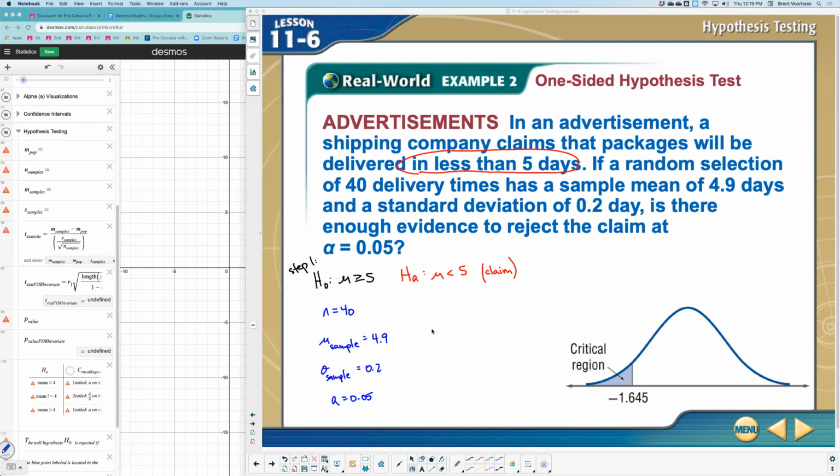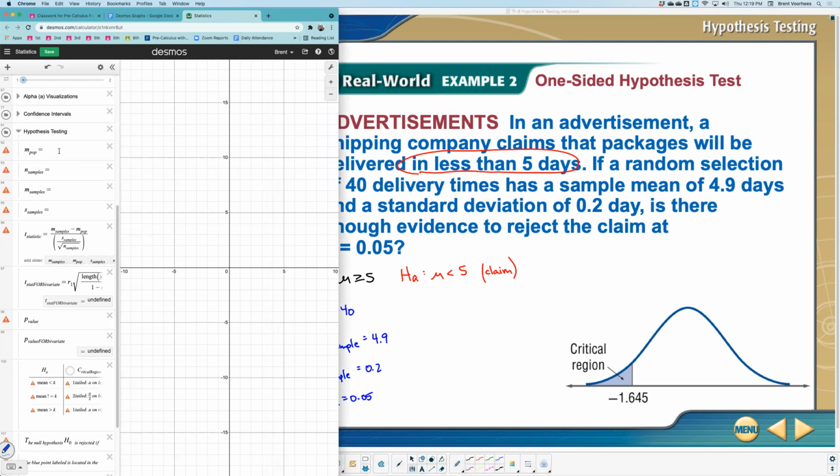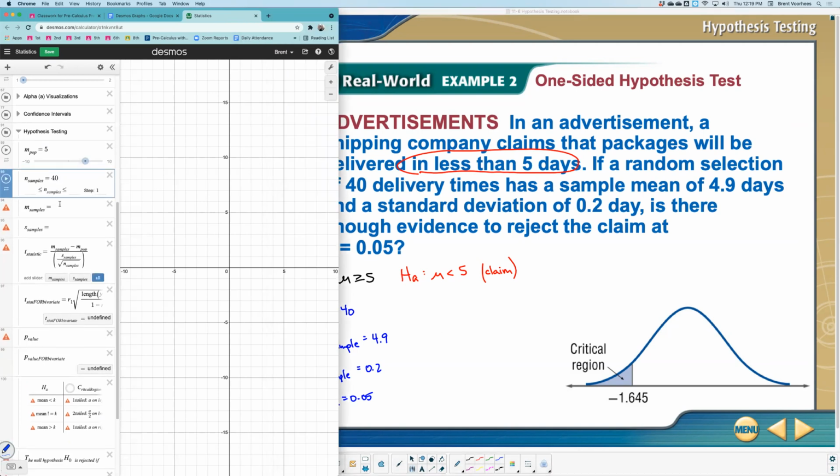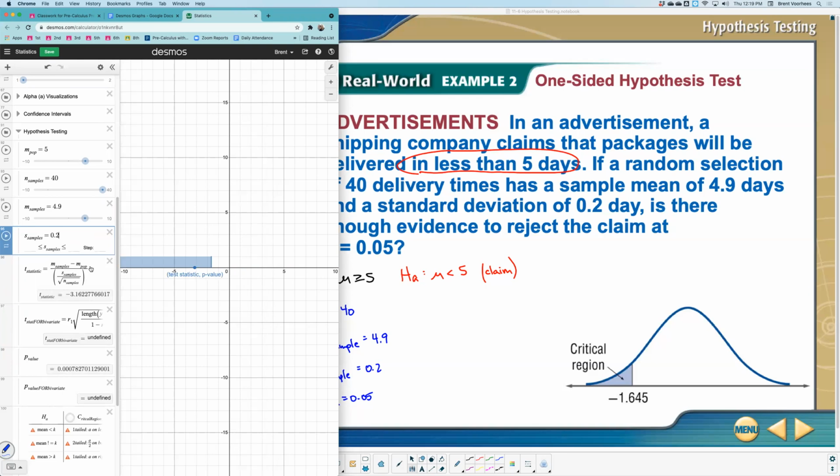What we know about this problem is that we're testing the null hypothesis, where the number that can be equal to is 5. The number of samples was 40. The mean of the samples was 4.9. The standard deviation of the samples was 0.2. And what's going to happen is it creates this test statistic.